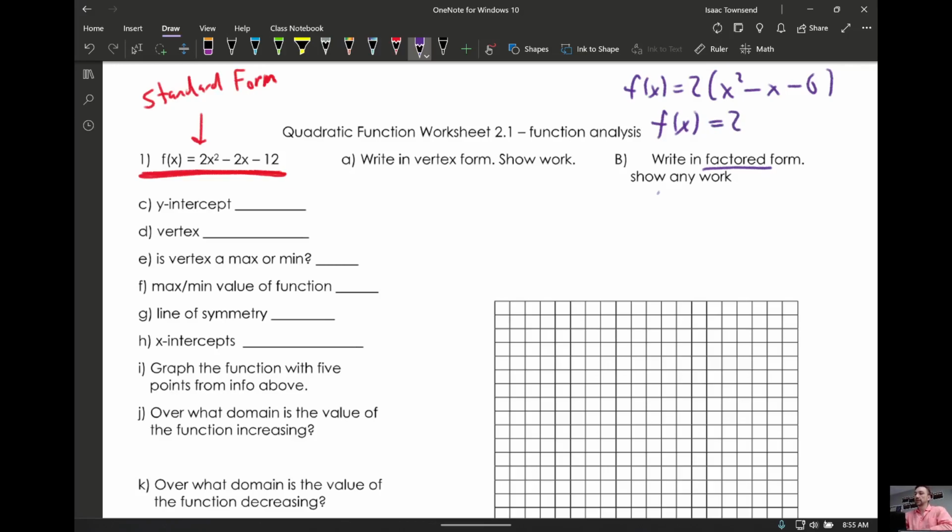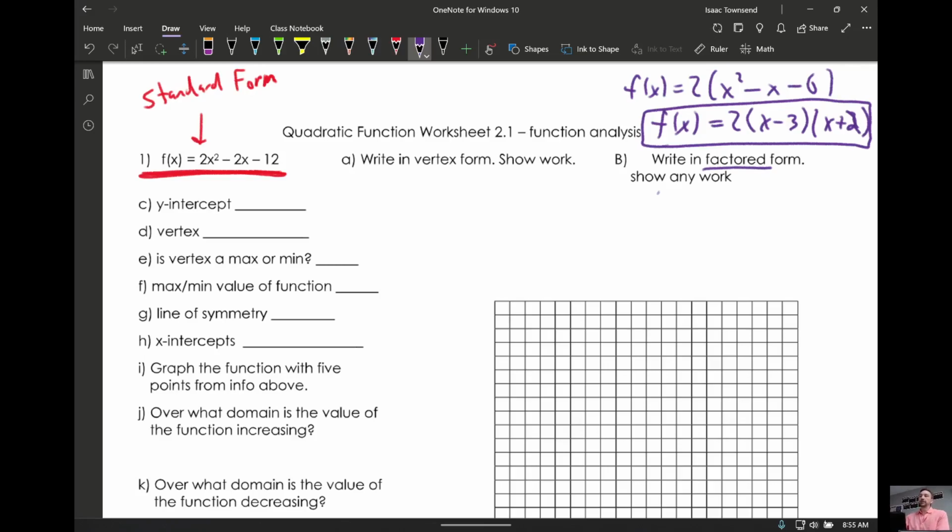Then it looks like I could get the rest with guess and check, but of course sometimes you might need product sum or some other factoring method. For factored form, you need to factor.